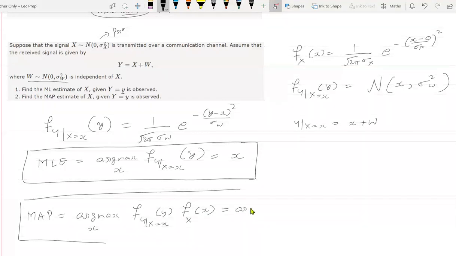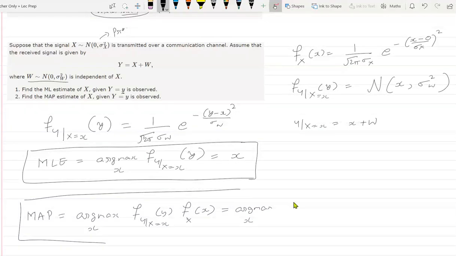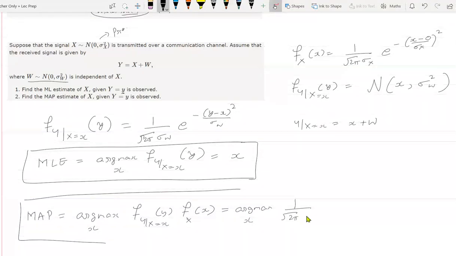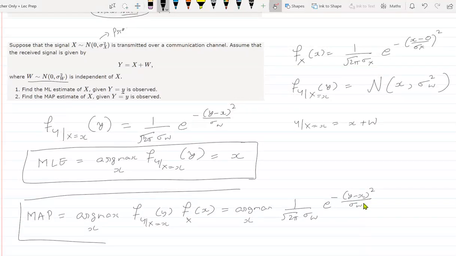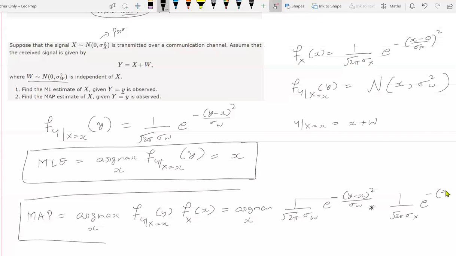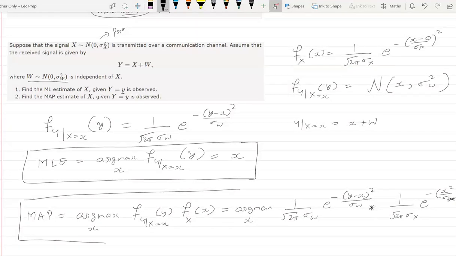What is this quantity? It will be 1 by root 2 pi sigma w, e raised to minus y minus x the whole squared divided by sigma w squared, into f X of x, which we also know is 1 by root 2 pi sigma x, e raised to minus x squared by sigma x squared.